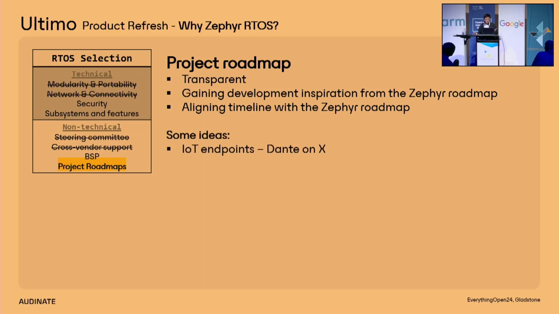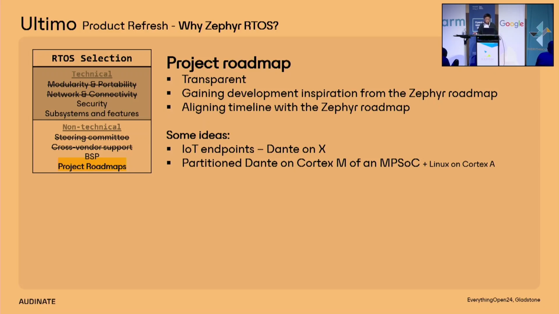Some of the ideas that we had: being a more portable platform, we'd really want to run Dante on cross-platforms. So looking at future support for interesting hardware, interesting boards, how low cost can we go? This is one of the ideas. There's also ideas such as running Zephyr on OpenAMP, which is an asymmetric multi-processing system.